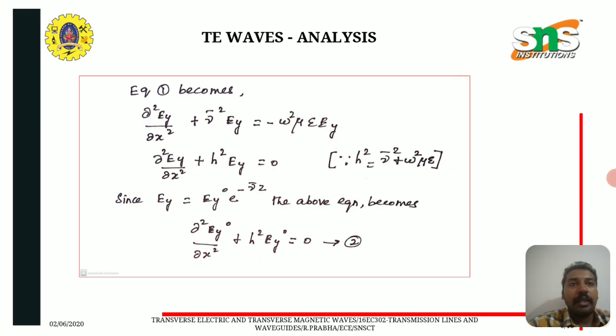By equating these equations and simplifying, we get dou square Ey by dou x square plus h square Ey equal to 0. Since Ey equal to Ey naught e power minus gamma z, the above equation becomes dou square Ey naught by dou x square plus h square Ey naught equal to 0.